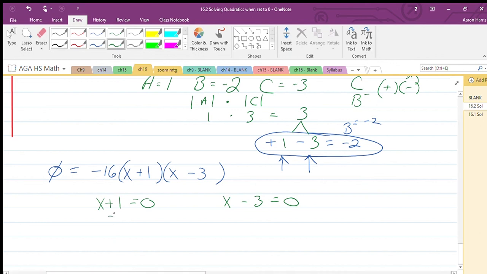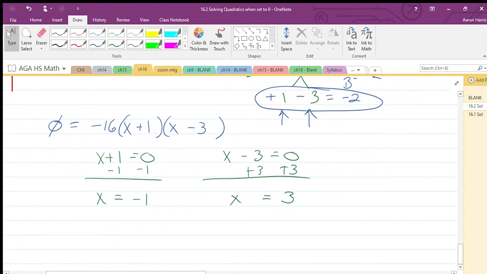So now I solve: minus 1, minus 1. T is equal to what? Negative 1. Plus 3, plus 3. T is equal to what? 3. So, in factor form, where will this start? Negative 1, 0, and end at 3, 0.